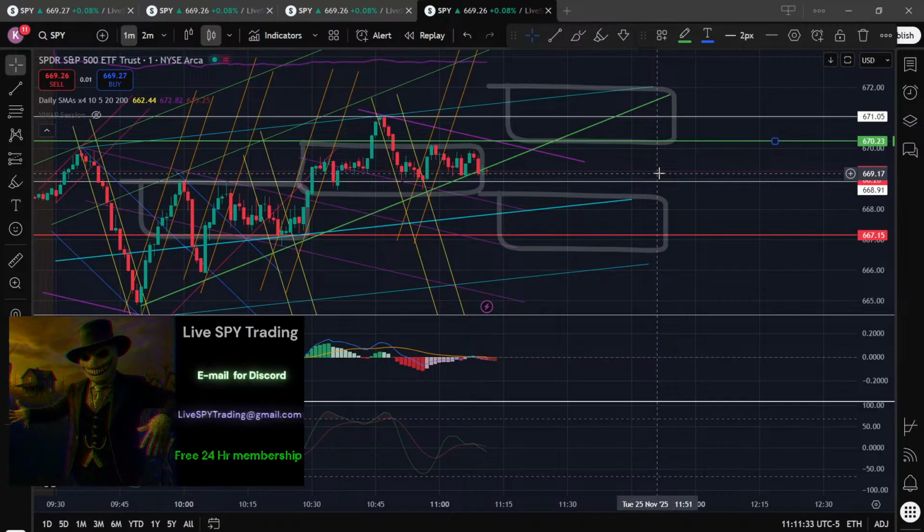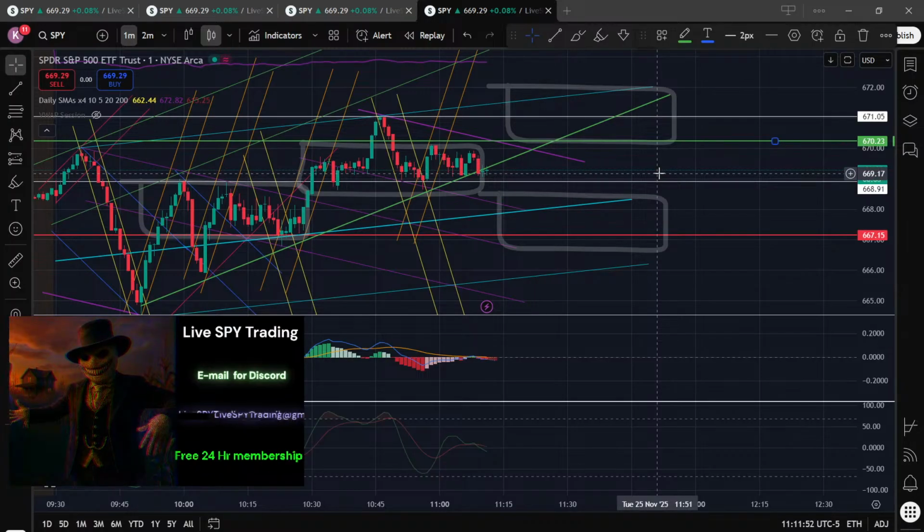The market may want to consolidate for a little bit, so don't overstay your welcome. Look at your ranges. Just wait for that range to break between green 70.23 and 67.15.